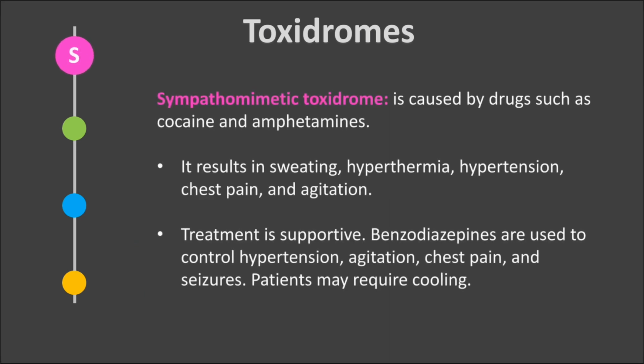So coming to the sympathomimetic toxidrome, it is caused by drugs such as cocaine, amphetamine. Also, sometimes even theophylline can cause a sympathomimetic effect. The patient usually has sweating, hyperthermia, and also hypertension, chest pain, agitation.